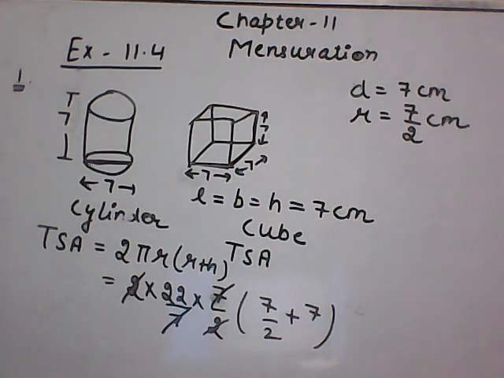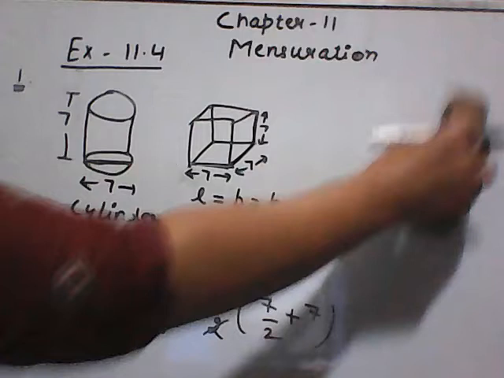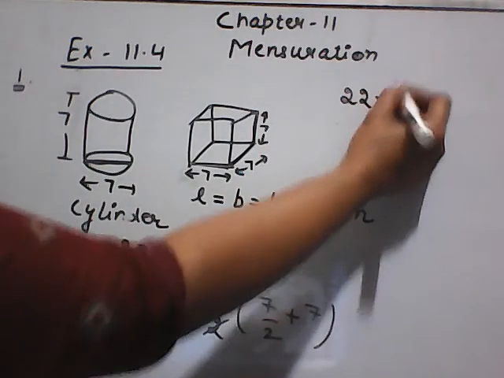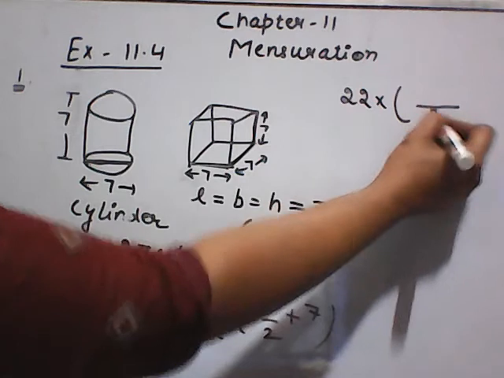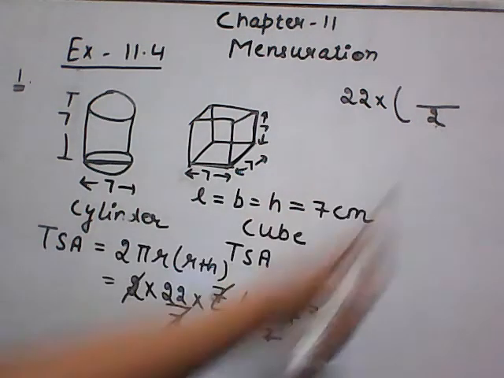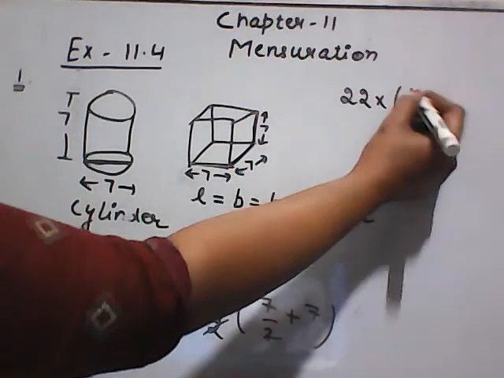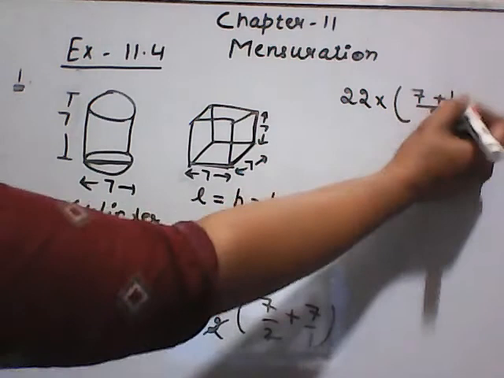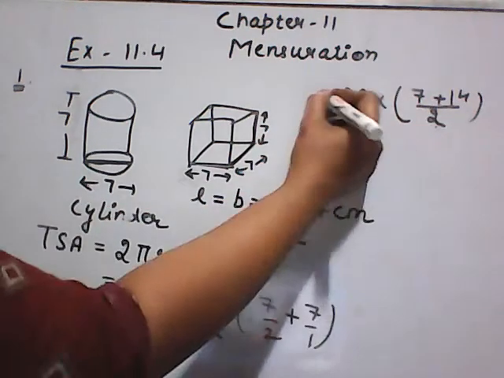Here 22 multiplied by, we can take LCM. Their quotient will be 1. 1 multiplied by 7 is 7 plus, here quotient is 2, 2 multiplied by 7 is 14. 7 plus 14 is 21.